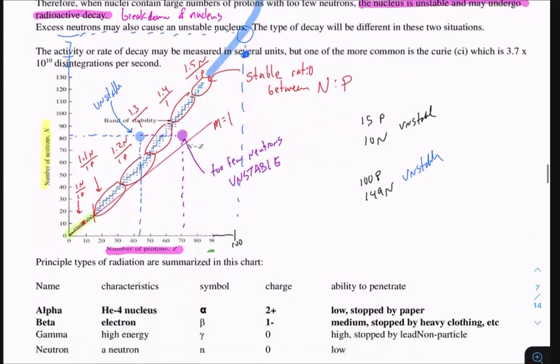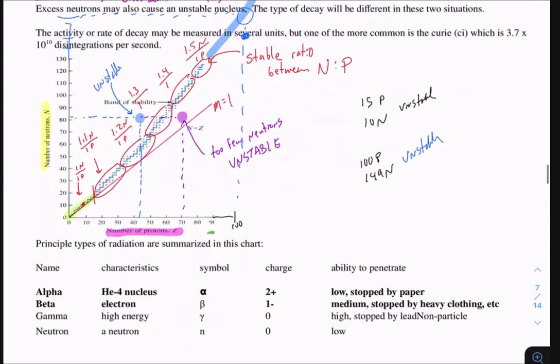So, imagine a nucleus that's unstable. And when it's unstable, it's just not long for this world. Something's got to give. And so what's going to happen is particles will be shot out.